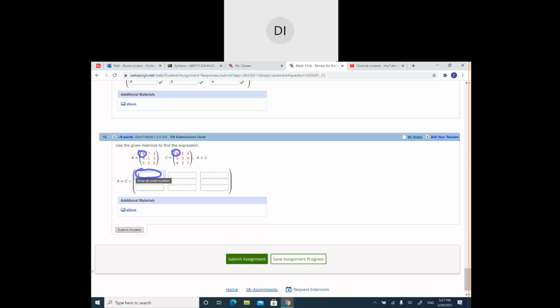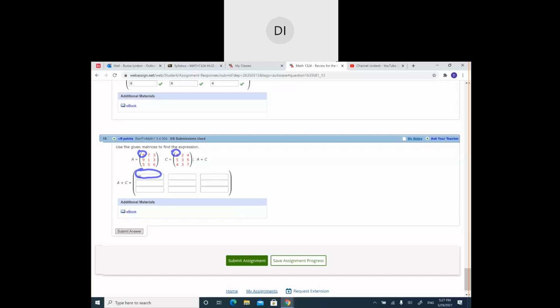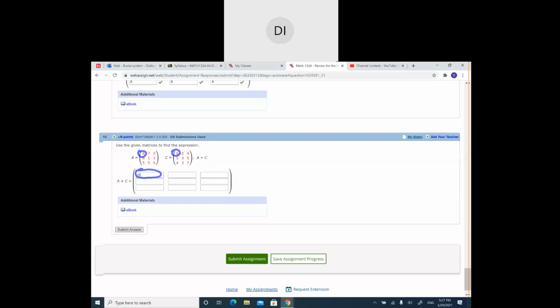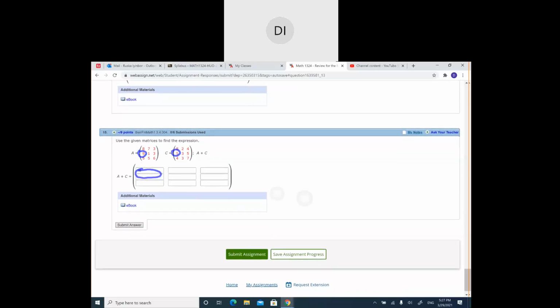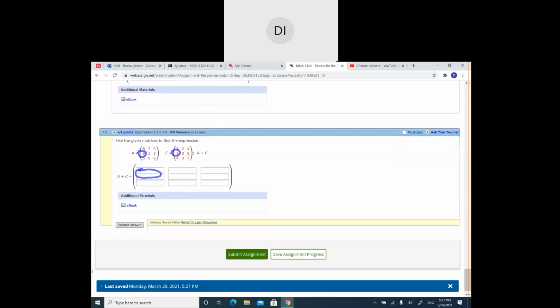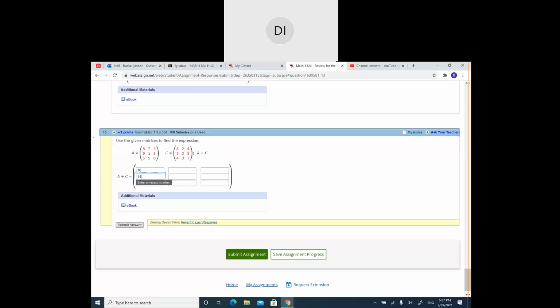And then you're going to go to the next. We can go row by row or we can go column by column, doesn't matter. So I'm going to look at the one below. I'm going to add 9 plus 5 is 14. So that's the number below. And then I'm going to go to the number in the bottom, which is 5 plus 4 is 9.